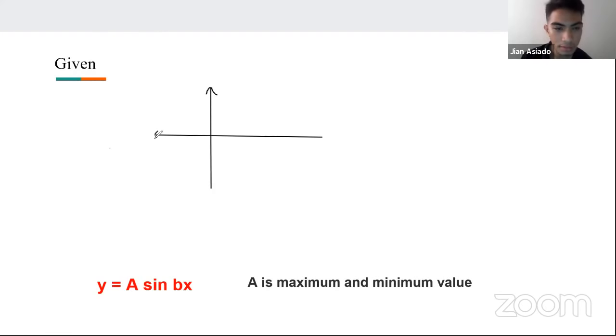Since it's oscillating, it has minimum and maximum values. This is the minimum, this is the maximum, and this corresponds to a y value. Let's say y1. And this is also a minimum, y2.